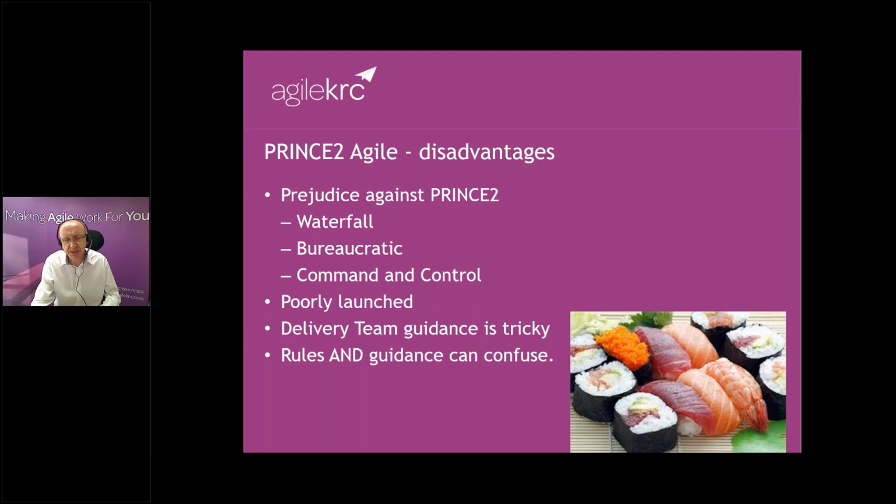So a simple example is things like co-location. Wouldn't it be great if we're all in the same room? And wouldn't it be great if we're tracking progress on a burn down chart that's stuck on the wall? So, make plans visible, stick them on the wall, brilliant. But you can't really say that is how you have to do it. And you can't say if you're not doing that, you're not agile.